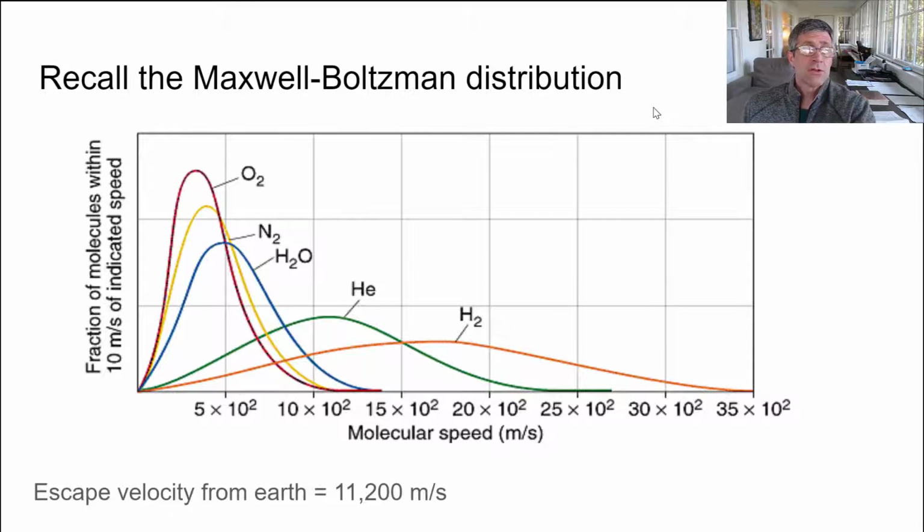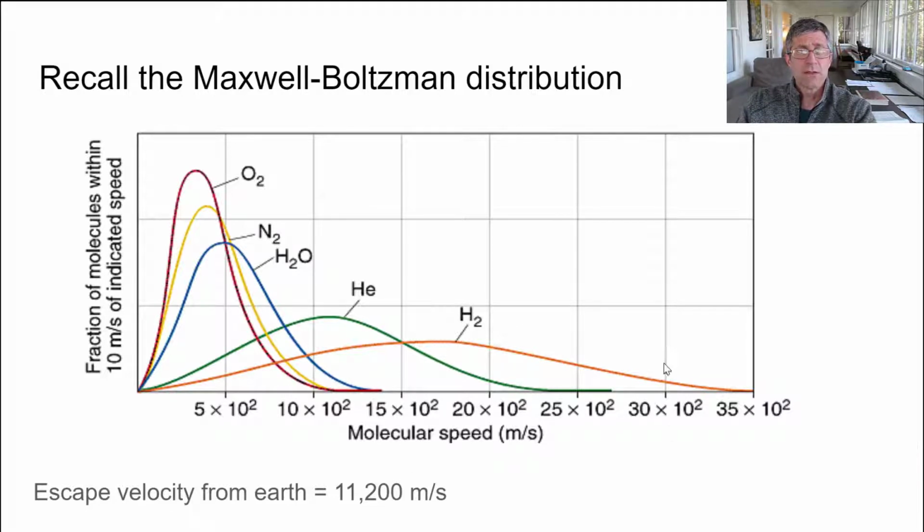This is one of the things that contributes to there being less hydrogen here on Earth: the hydrogen is moving so fast at room temperature that a few of them are going fast enough that they escape the gravitational pull of the Earth and they're gone into outer space. There are other things going on as well, but this is one of the reasons that we have less hydrogen, and also a little bit less helium, than you'd predict.